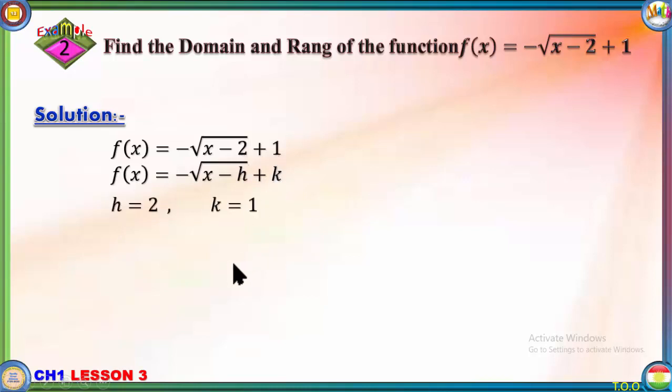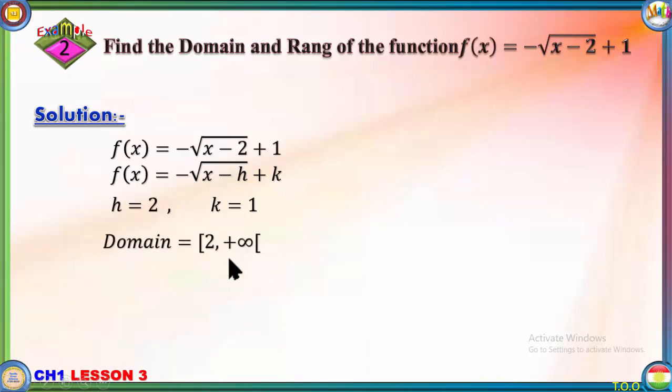And now, because the sign of x is positive, therefore the domain starts from 2 to positive infinity. And because the sign of the square root is negative, therefore the range begins from negative infinity to k, which is 1.